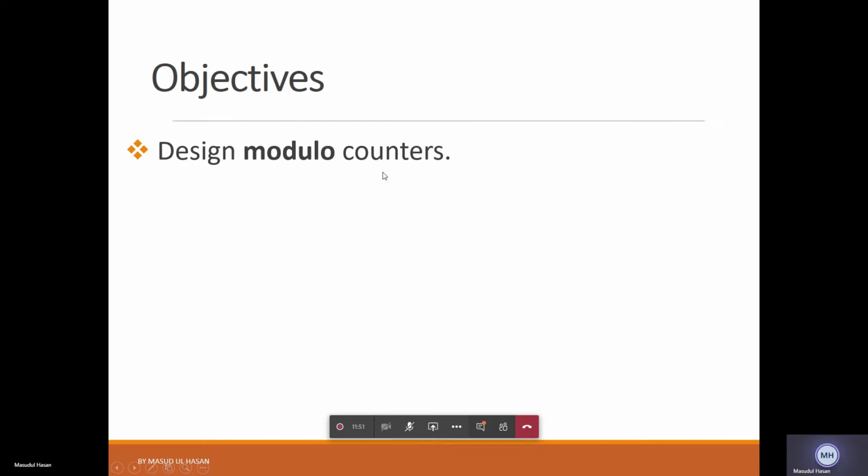But for a digital watch or digital timer, we need exactly 1 hertz. We cannot bear that. So we need an exact frequency. Today we will learn how to get this exact slower frequency from a faster one. Okay.